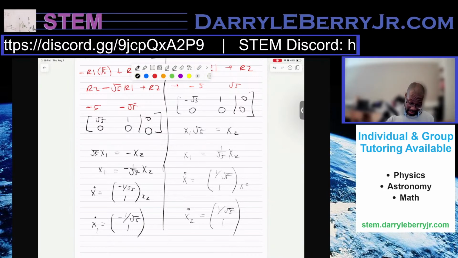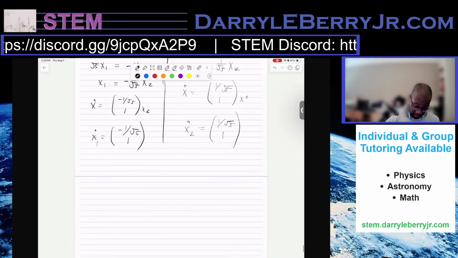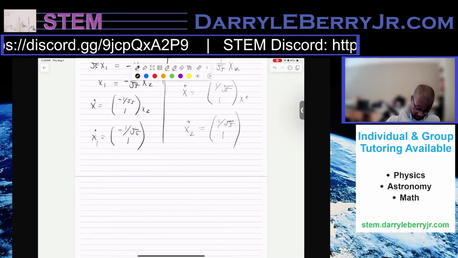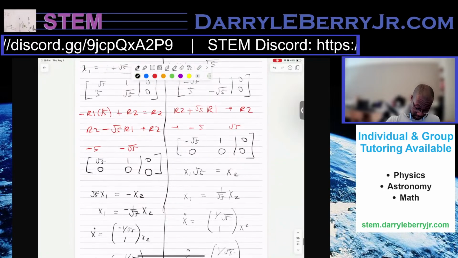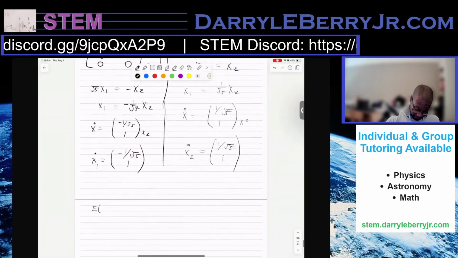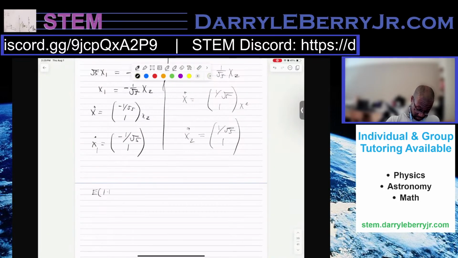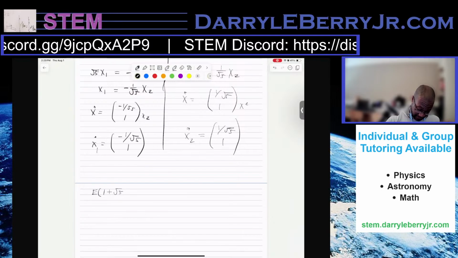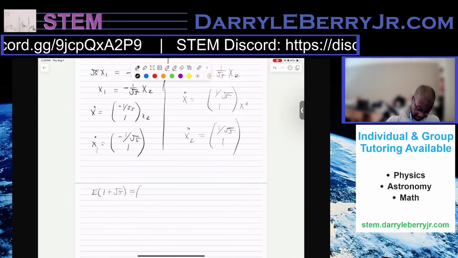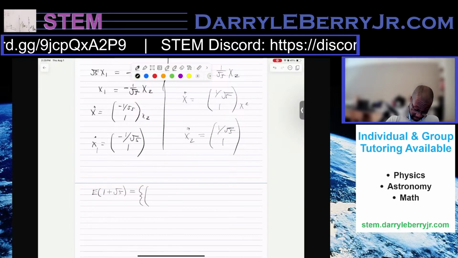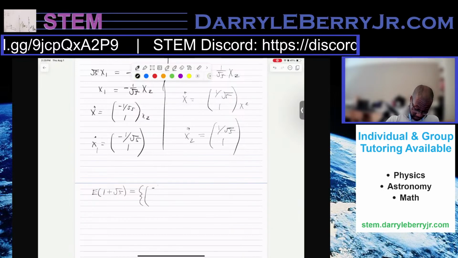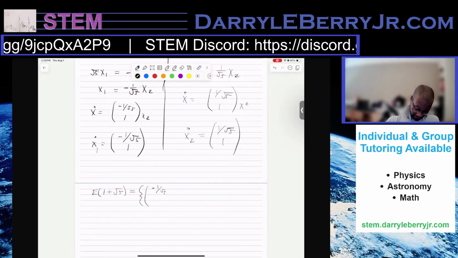So now we have, I also put it in the form the professor liked, nice and neat. You can say the eigenspace of 1 plus square root of 5 is spanned by the vector negative 1 over square root of 5, 1.